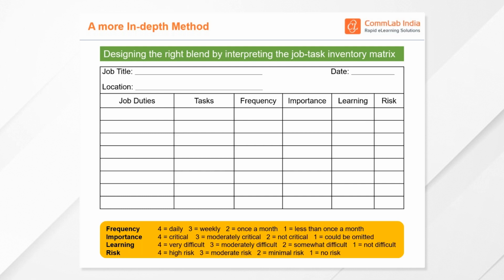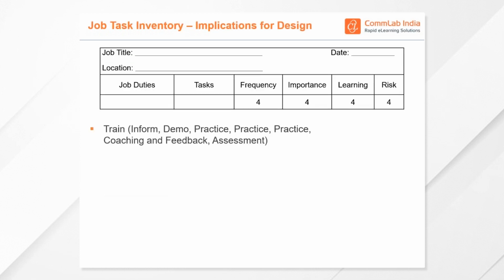Then you decide how frequent the task is, how important it is, how difficult it is to learn, and what the degree of risk associated with it is, and you fill it out. For instance, if that given task is high on all four parameters, then the best option would be an actual training, a demo session, practice, live coaching, ongoing feedback, and continuous assessments.